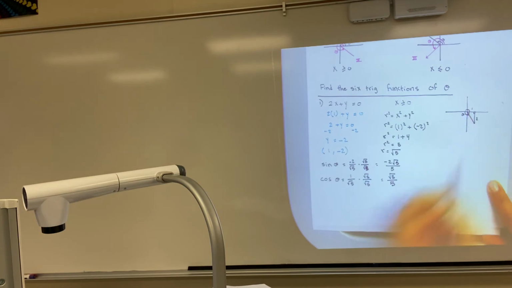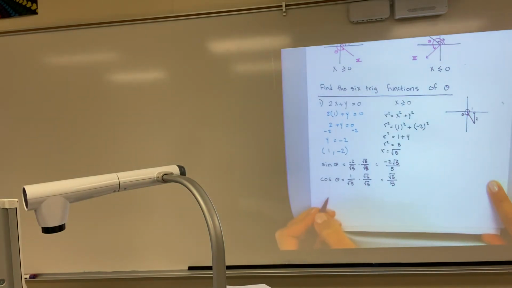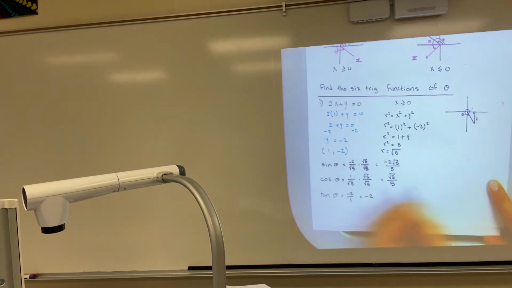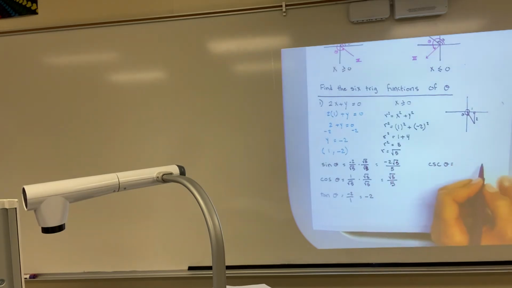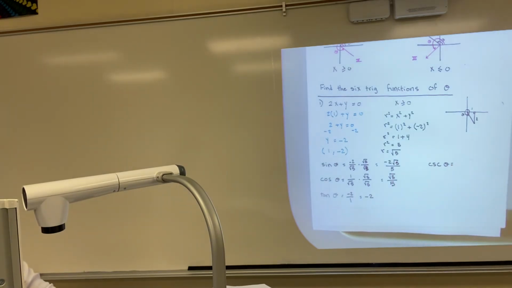Okay, next we have tangent theta, and that will be negative 2 over 1, which is negative 2. Cosecant theta is simply the reciprocal of the sine function.